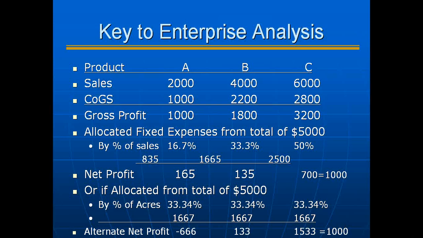But just that different way of allocating those fixed expenses could affect your decision. And so you need to, if a big part of your fixed expenses is rent, then it's by percentage of acres. If a big part of your fixed expenses is advertising, then maybe it's percentage of sales.